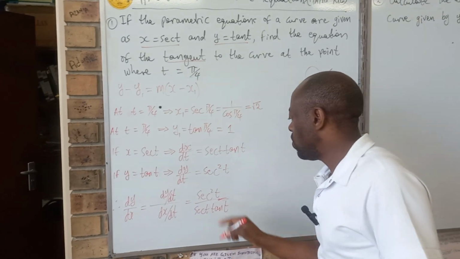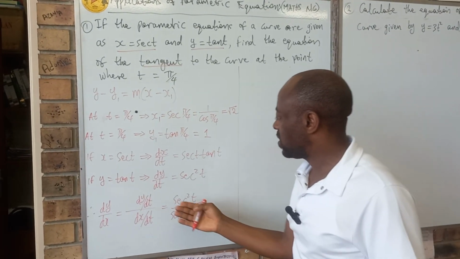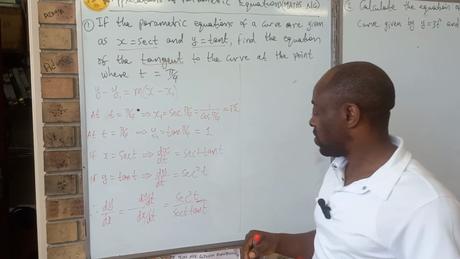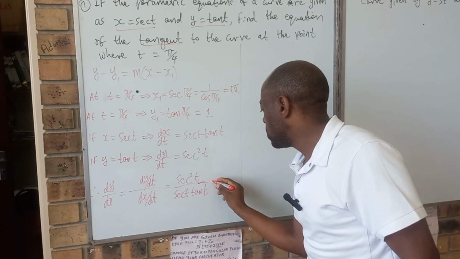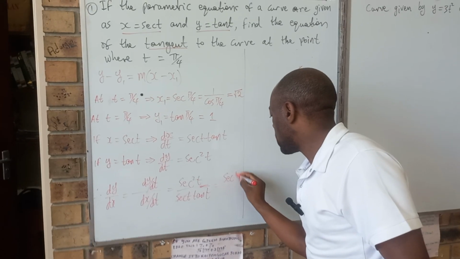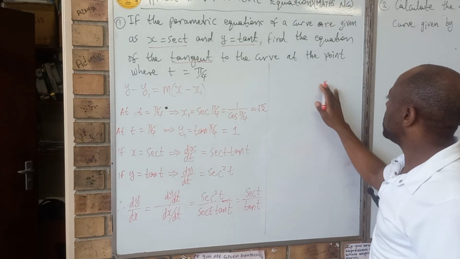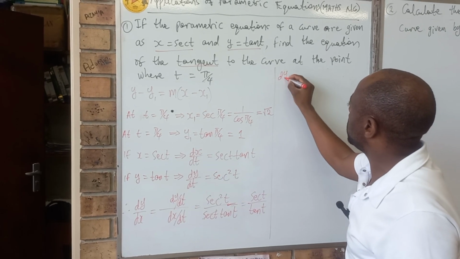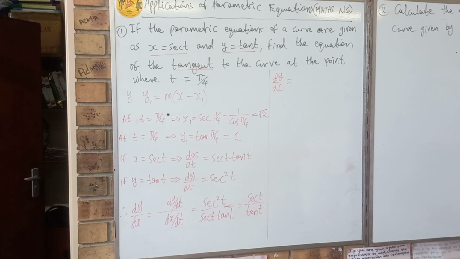You will always hear me tell you that once you get dy over dx, do your best to simplify it to the lowest level. Here, sec will reduce so that you are left with sec t over tan t. But that is still not the lowest level, because the lowest level in trigonometry is when I start seeing sine and cos.